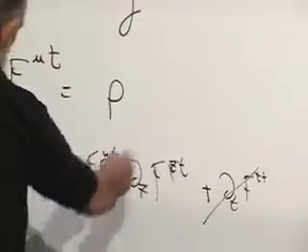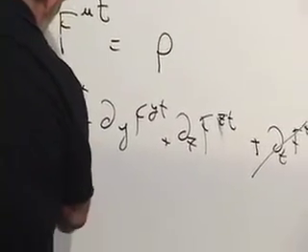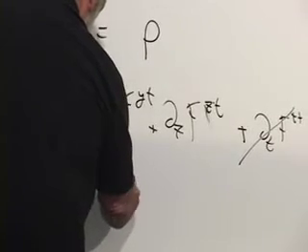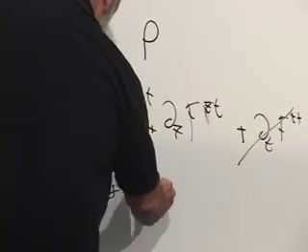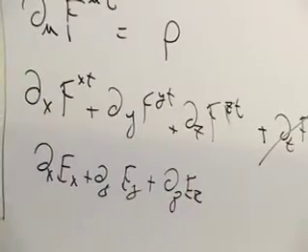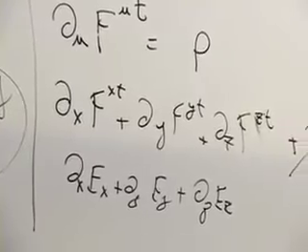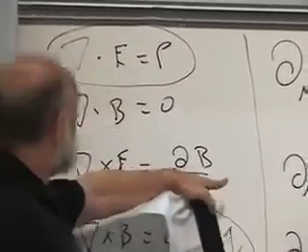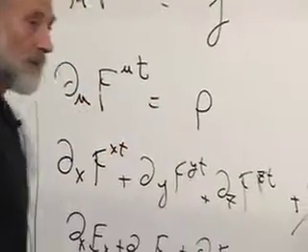So what is this? This is just dxEx plus dyEy plus dzEz. In other words, it is del dot E. The left-hand side is just del dot E, and the right-hand side is rho.